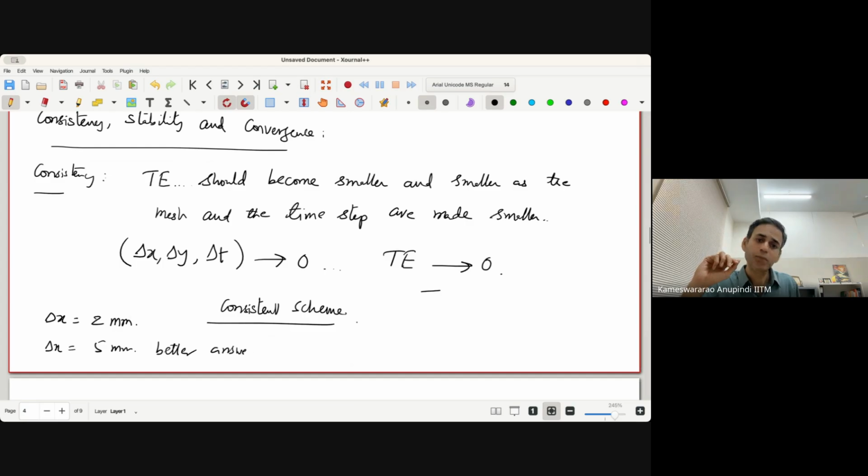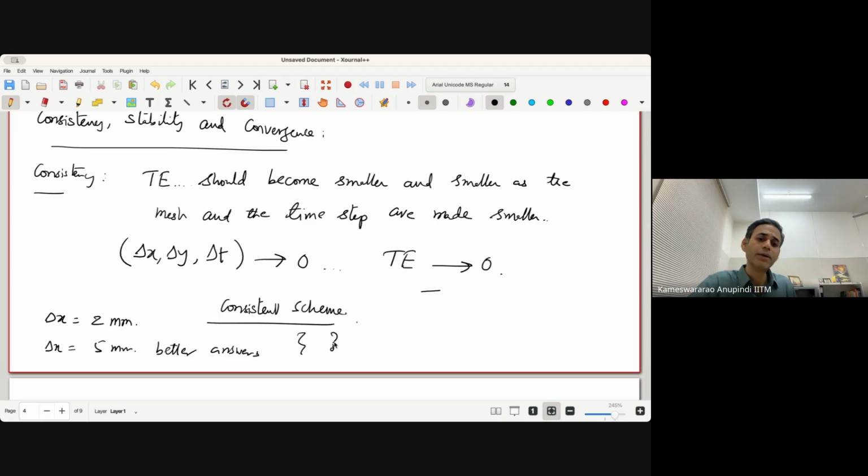So this means that the scheme you have used to discretize your equations is not behaving in a consistent way. It is supposed to give you a better answer at 2 millimeters rather than at 5 millimeters. Okay, so there is something else at play, which is making the truncation error give you better results when you have coarser meshes. That is the thing. So, can this happen with some discretization schemes? Yes, it can happen.